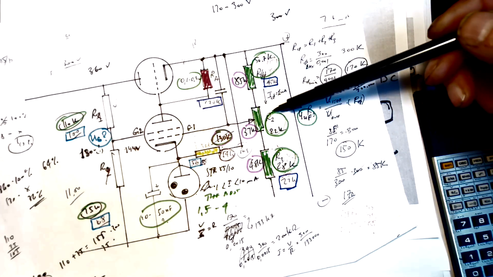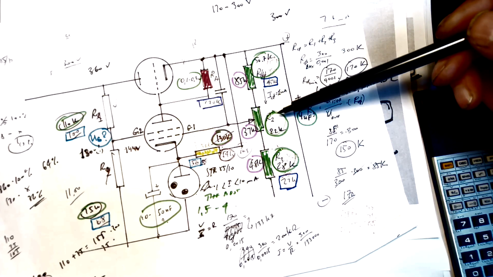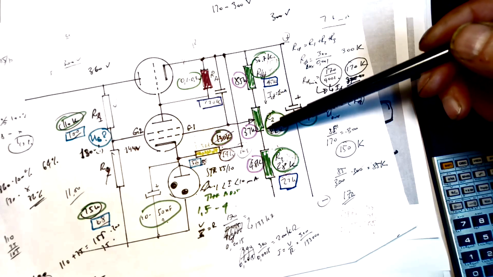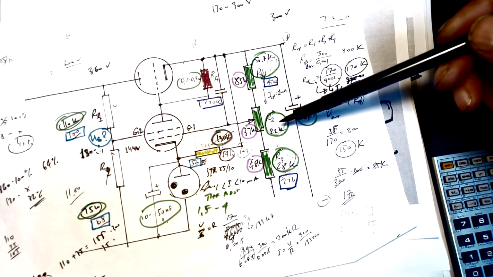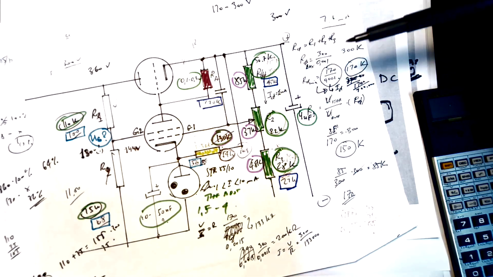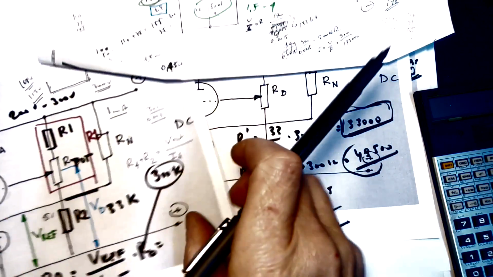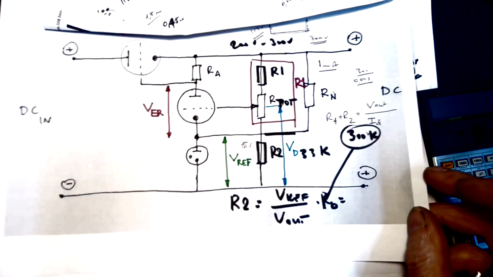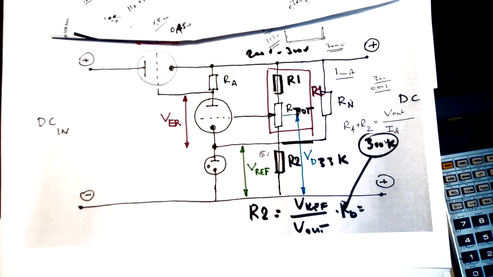But with pots it is a much worse situation, so we have to calculate it a few times, and finally we have to check it in practice. Okay, so that was about this calculation. I'm not pretty sure it was clear.